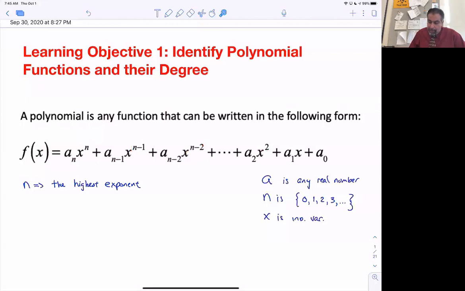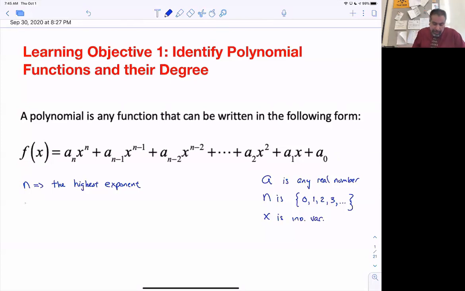And keep in mind that we have an a0 here. I could write an x to the 0 here. X to the 0 is equal to 1, but that's why we don't write it. It's easier to leave it out. So it's just going to be a0. So these are the n values. It's the powers of this polynomial.